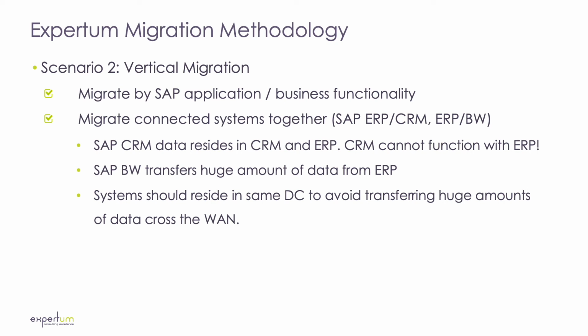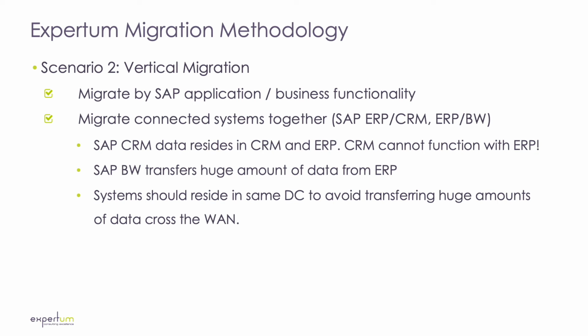So how does the vertical migration work? What we actually do is, in the same weekend we will migrate ERP, CRM and the business warehouse at the same time. So we work with at least 3 consultants, in which every consultant has his own system to take care of.